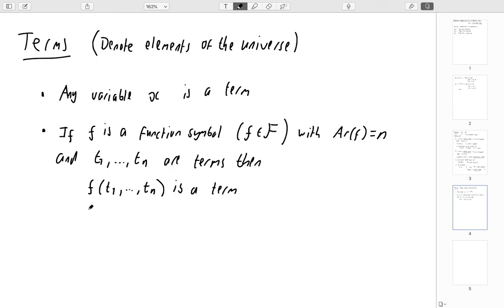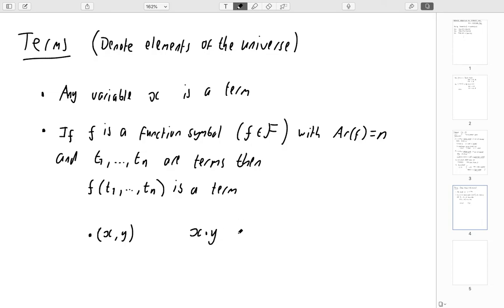We used those, and also we're not going to be too fussy about how we write terms. So when we've got, for example, the multiplication function symbol from the example of a ring, then strictly speaking, by the above rule, we would write this for the multiplication of x and y, but nobody ever writes that in practice, so we'll allow ourselves to often use convenient notation for binary operations and write them infix like this.